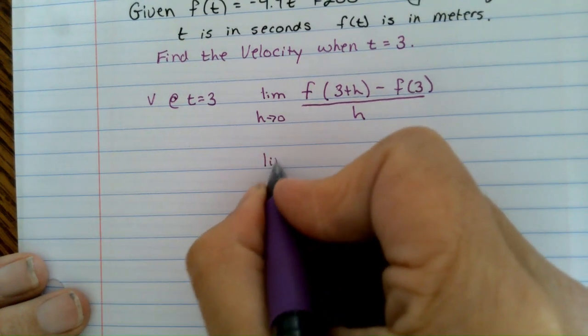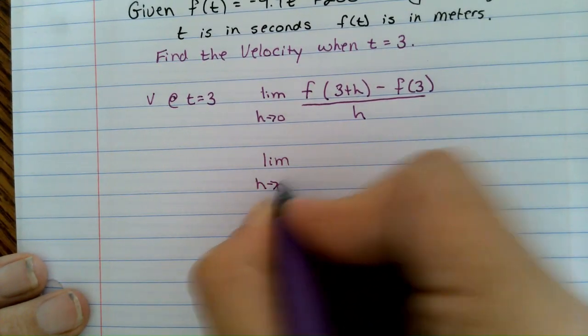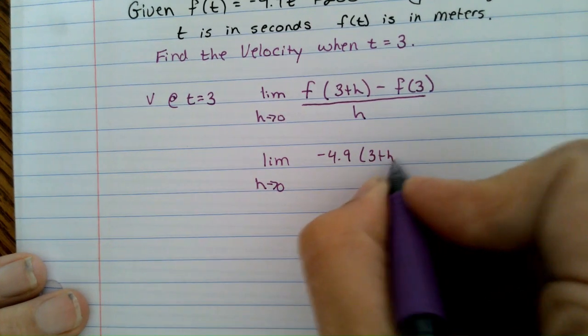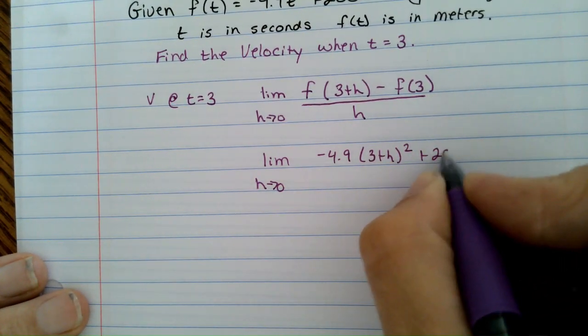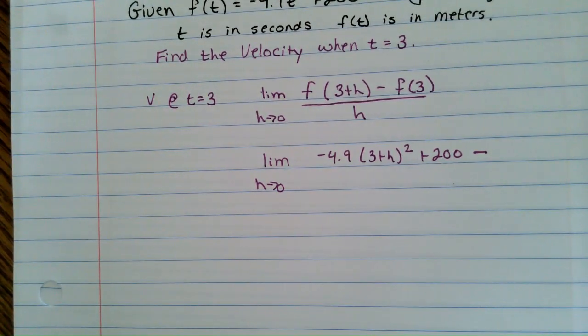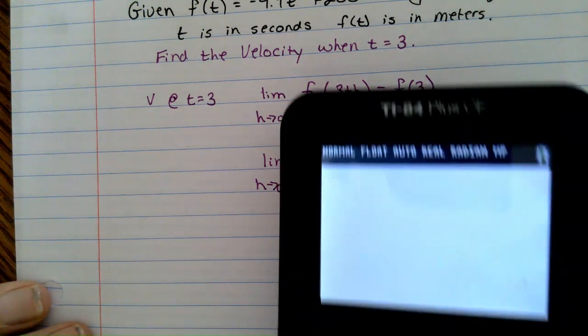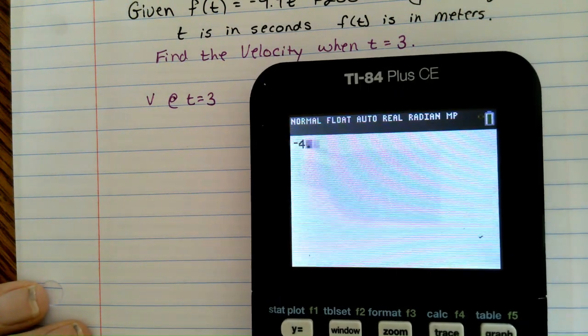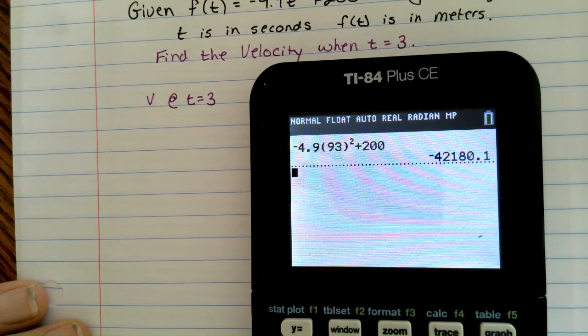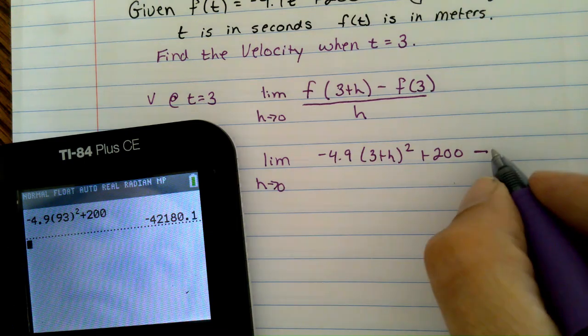Okay, so the limit as h approaches 0 of negative 4.9 times 3 plus h squared plus 200 minus, all right, handy dandy calculator, negative 4.9 times 3 squared plus 200, negative 42, 180.1.